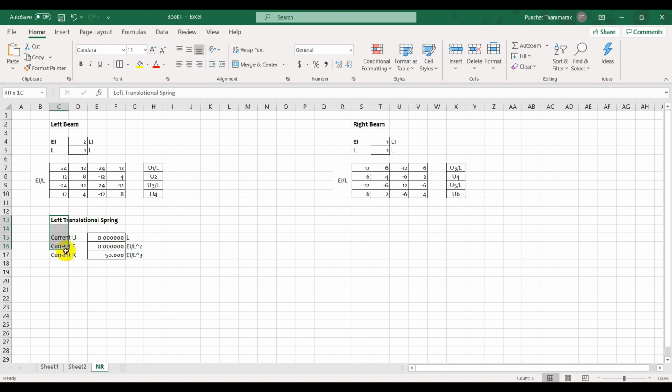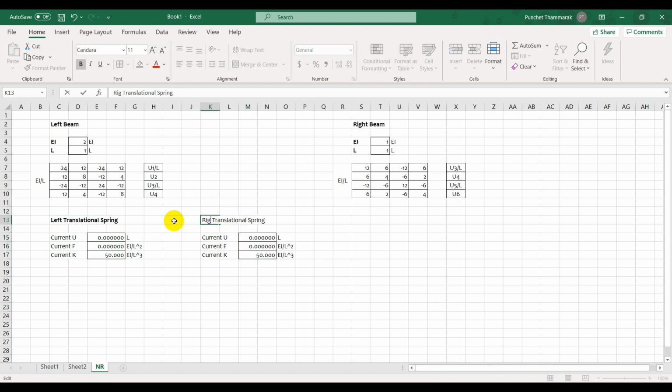This is the left translational spring. We put the right translational spring somewhere there. And well, they work in the same way. Likewise, the rotational spring.